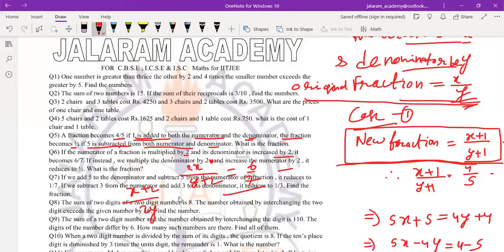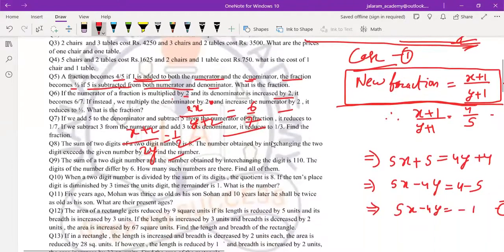It reduces to half, means finally it becomes half by reducing. So solve these two equations to get the values. Similarly, we can solve other questions involving fractions also. Hope you have understood this method of solving the questions involving fractions.